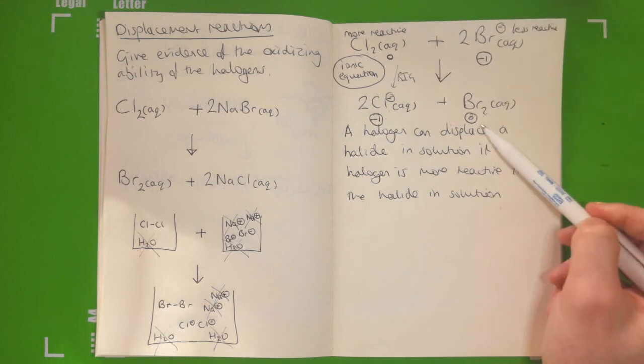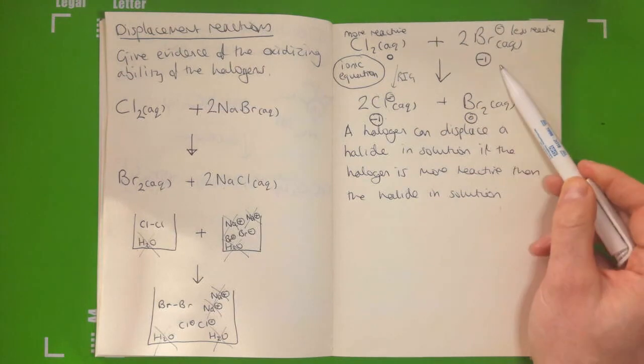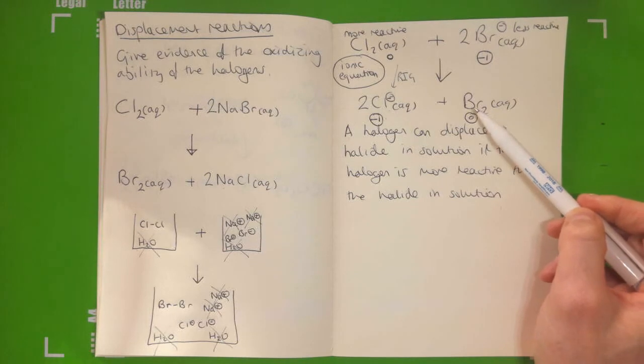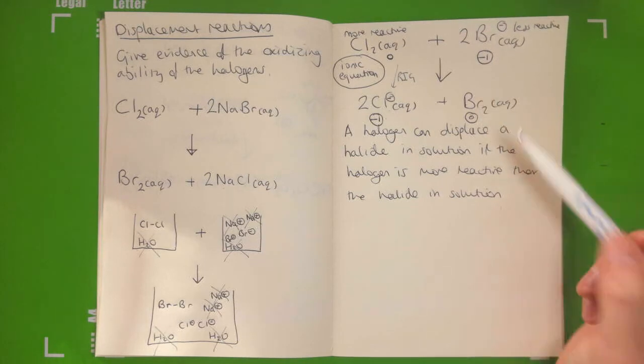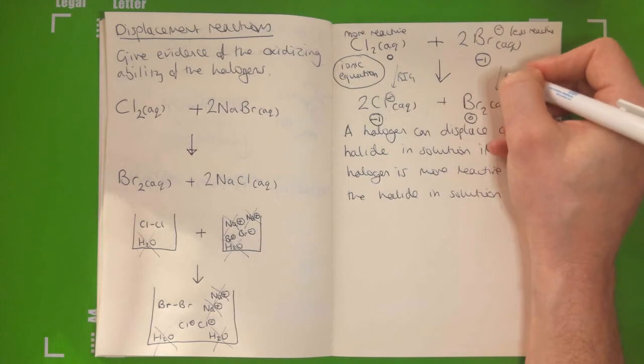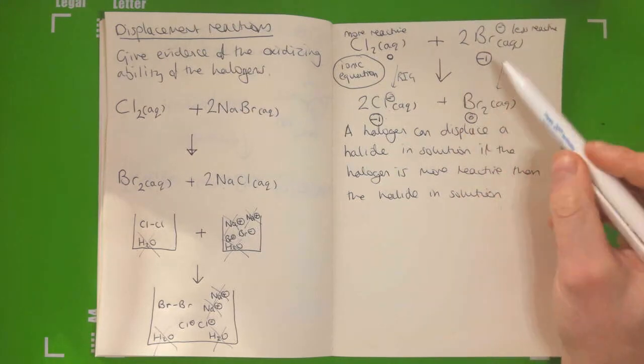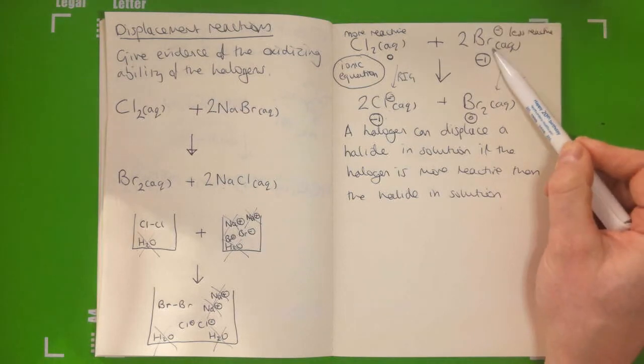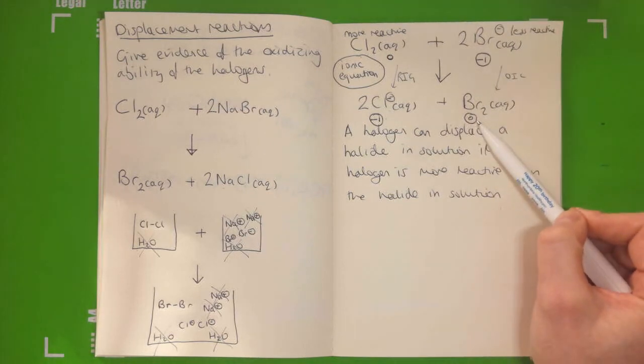So we're getting less negative. Something which is getting less negative is losing electrons. Remember, oxidation is loss of electrons. So we could write down that the bromide ions are oxidized to bromine.